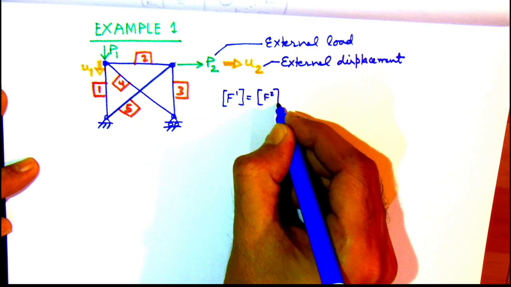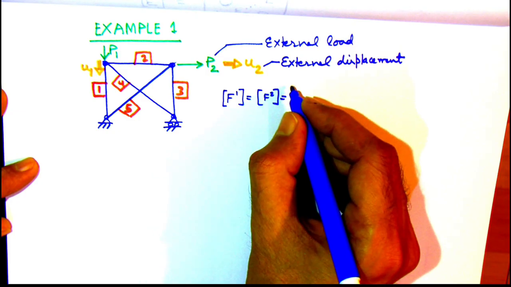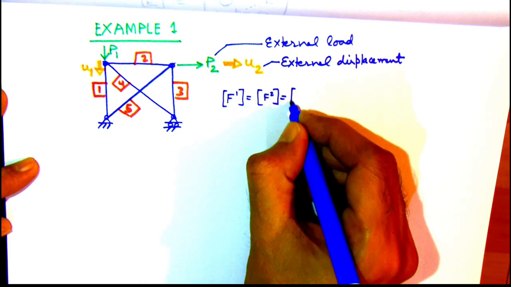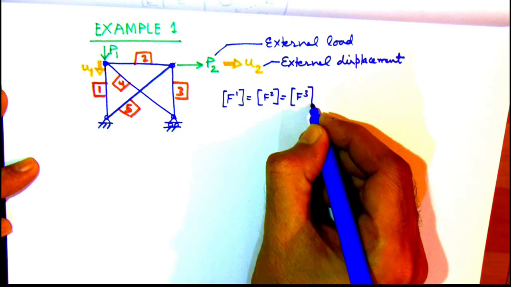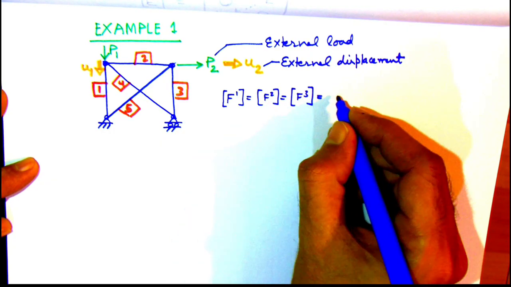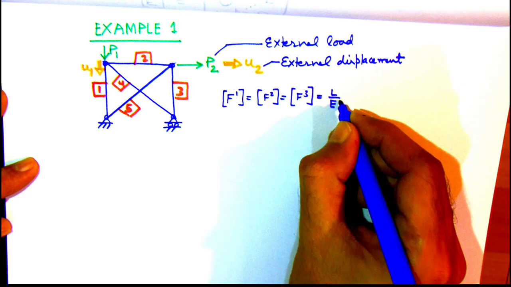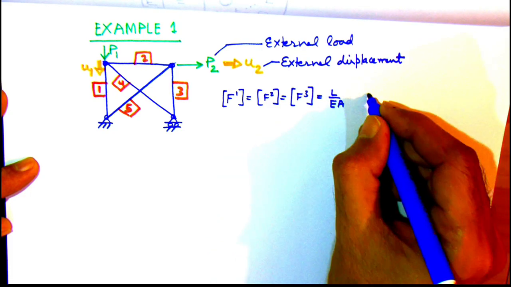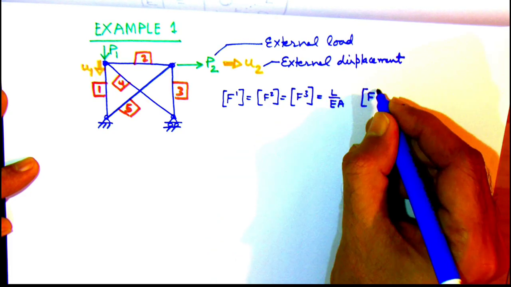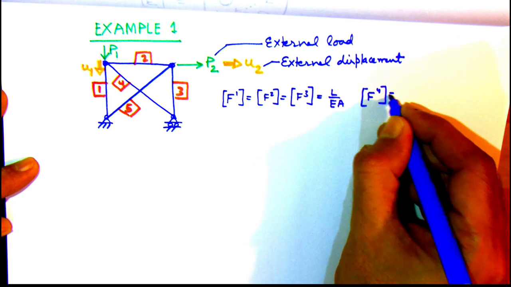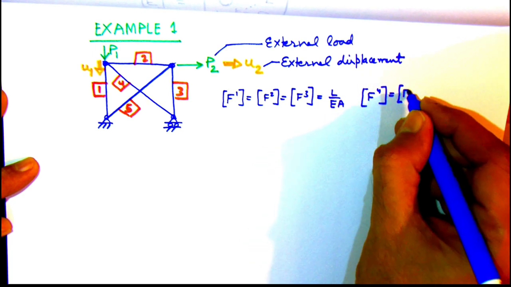The three outer members are of the same length, so they will have the same member flexibility, that is L by EA. For the two diagonal members, which have a longer length, this would be equal to root 2 L by EA, as we are showing here.